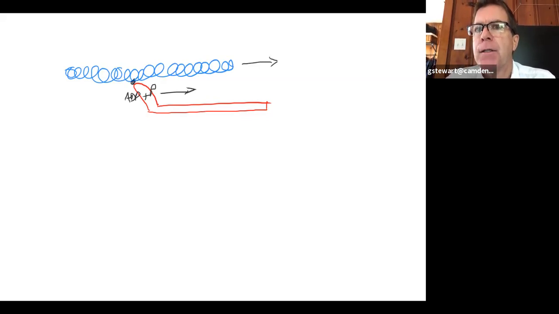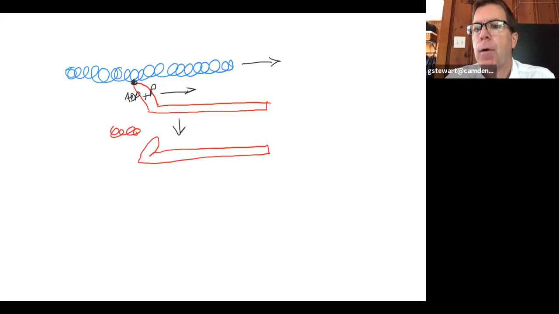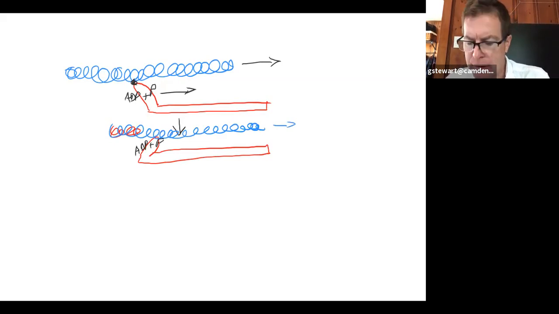So it attaches and the myosin head moves from this back to this position after it pulls. So here it's just pulled the actin molecule a bit this way. Guess what? The ADP plus P are still attached.